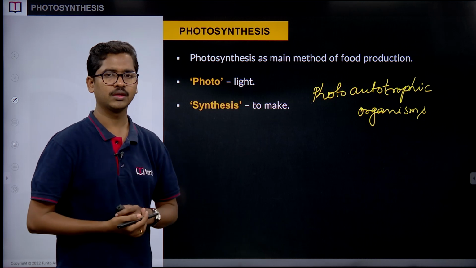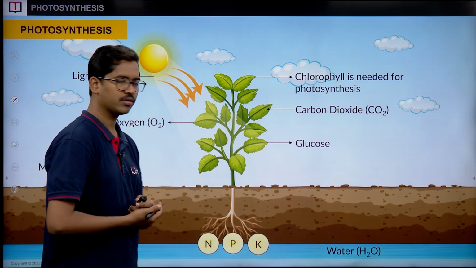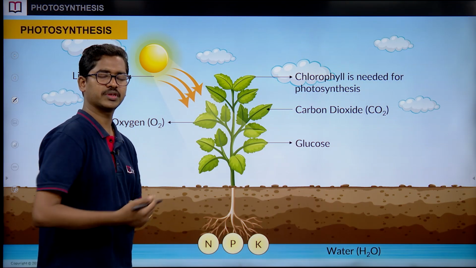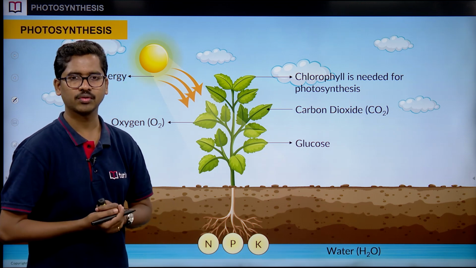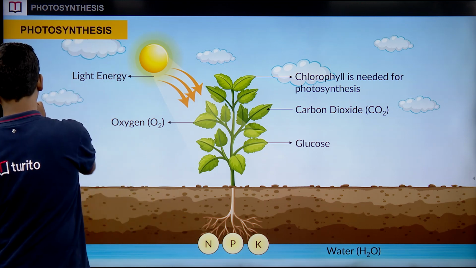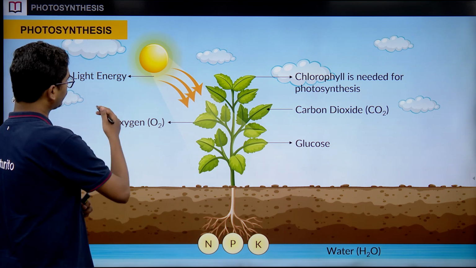Photo means light, synthesis is to make something. It is quite simple, and this is one such diagram which you have been coming across for quite a long time.